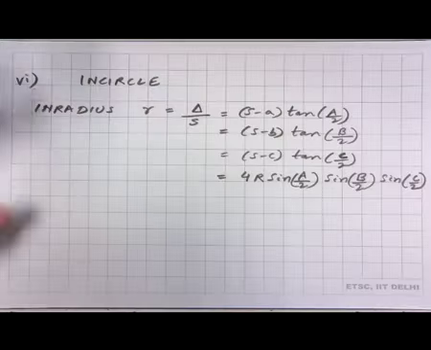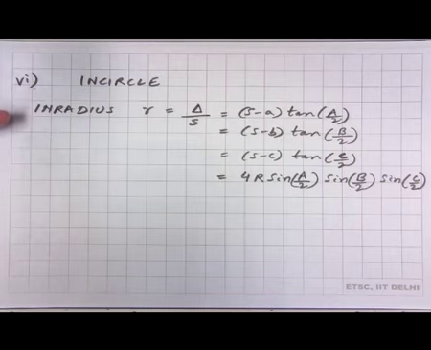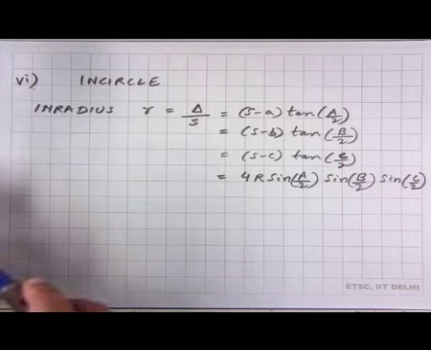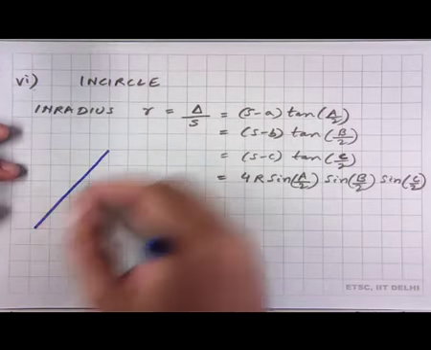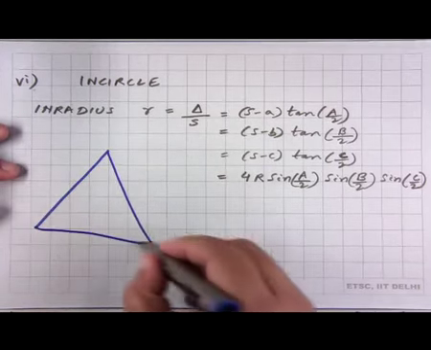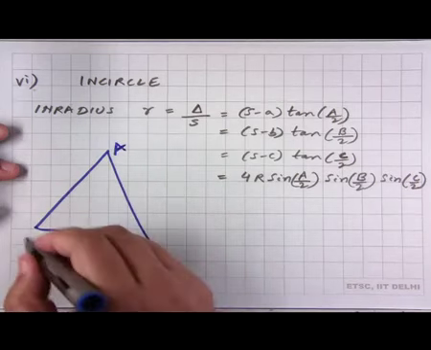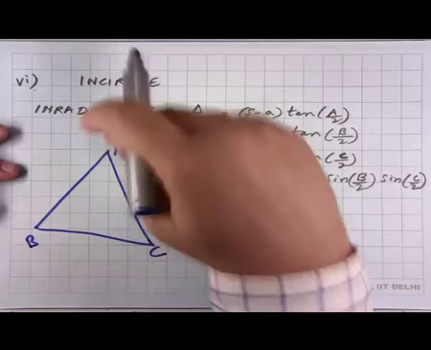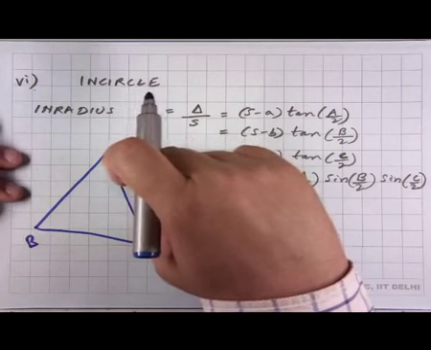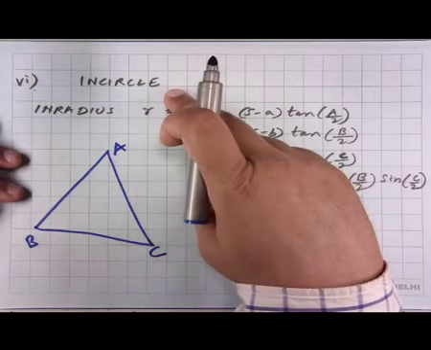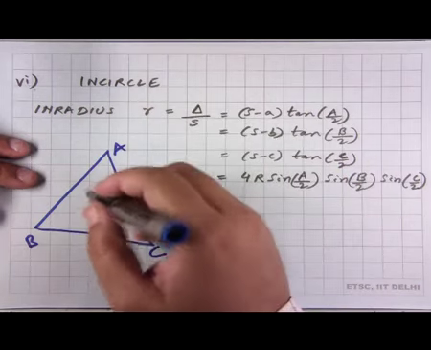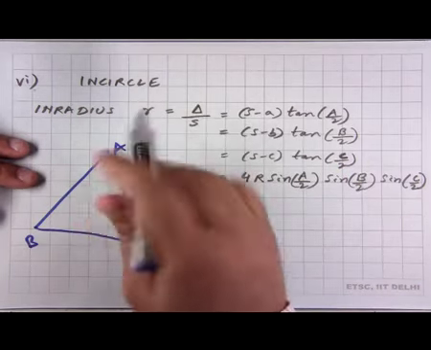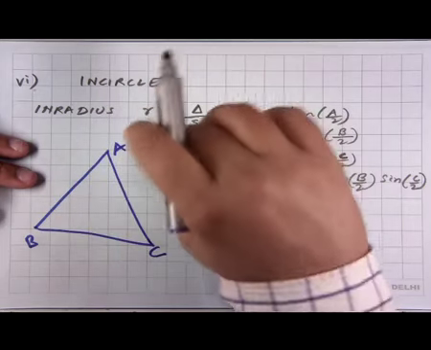We had also defined and analyzed another circle called the incircle. For any triangle ABC, there is always a unique incircle. The incircle is the circle which touches all sides at exactly one point.